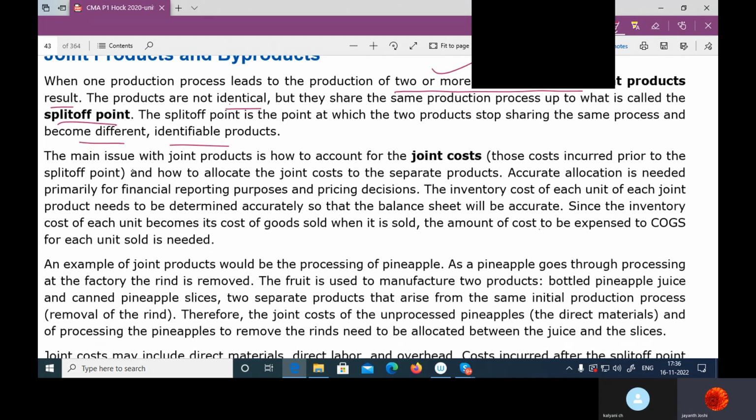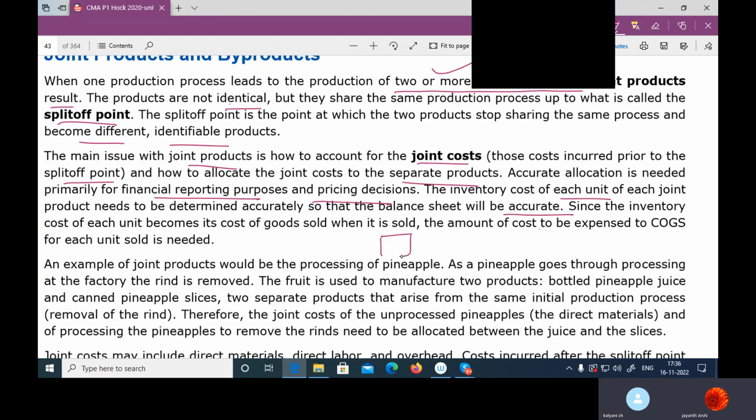Now, the main issue with joint products is how to account for joint cost, those costs incurred prior to split off point, and how to allocate the joint cost to the separate products. So for that, we should see some methods, correct? Accurate allocation is needed primarily for financial reporting purpose and pricing decisions. Inventory cost of each unit of each joint product needs to be determined accurately so that the balance sheet will be accurate.